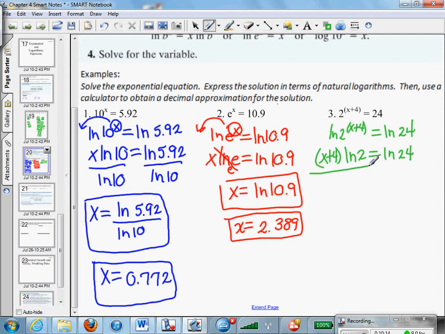So let's go ahead and divide both sides by ln 2 to get stuff away from the variable. So we have x plus 4 now equals ln 24 divided by ln 2.